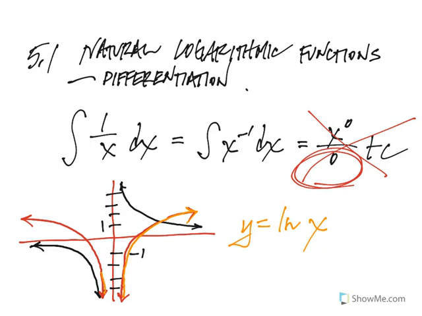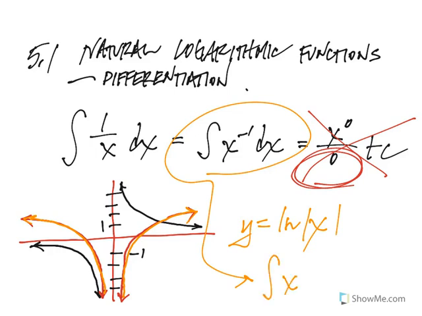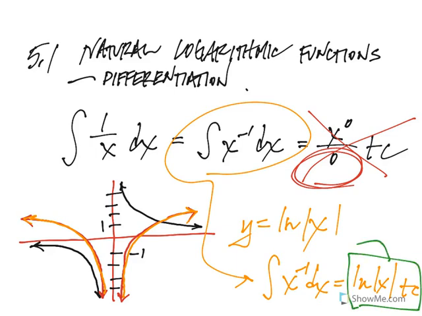If I look at both sides, that's actually the natural log of the absolute value of x, which means if I integrate this, the integral of x to the negative 1 dx, what I get is the natural log of the absolute value of x plus c. Now, again, in 5.1, we're actually deriving natural logs, which means I'm going to start with this function, and I'm going to move in this direction. In 5.2, we start going the other way.